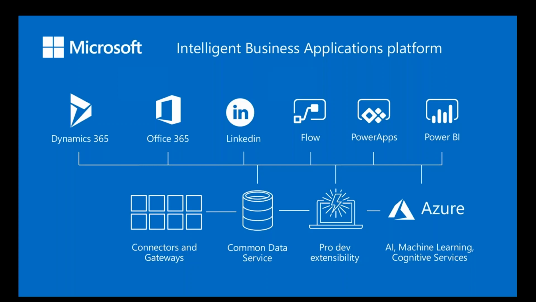We have Flow, or what was just rebranded as Power Automate, that allows you to have events so that when a customer record is updated, it will go through and do an action: send an email, post to LinkedIn, post to Twitter, whatever you want it to do. We can have those if-this-then-this type applications process as part of that.